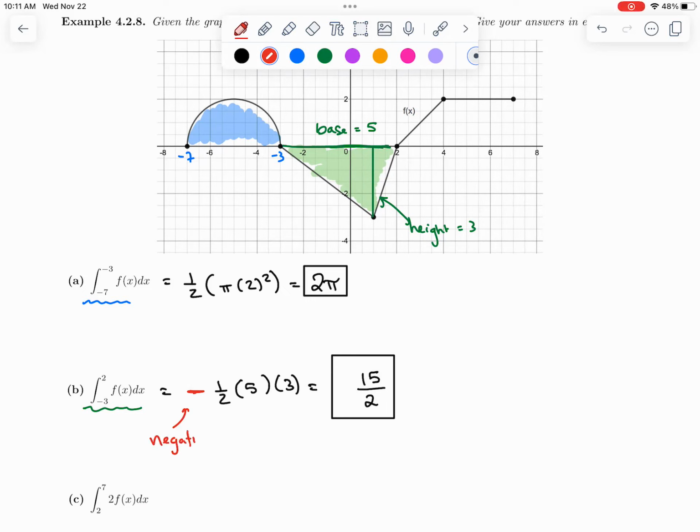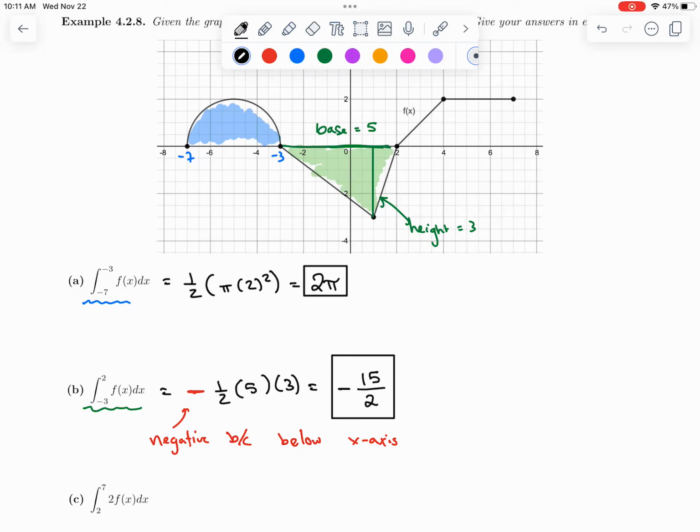Negative because it's below the x-axis. Definite integrals can be positive and negative and 0. Area has to be positive. So because this is a definite integral and not an area that we're looking at, we're going to keep the negative sign there. Just like when you're solving a quadratic equation in the real world, you sometimes get negative numbers.